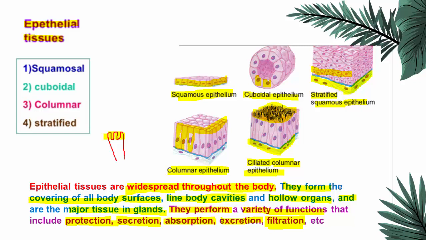They form the body covering, they are covering the body cavities and hollow organs, even in the glands. They perform functions like protection, secretion, absorption, excretion, as well as filtration. So these are the basic things that you need to remember with reference to the study of epithelial tissues.